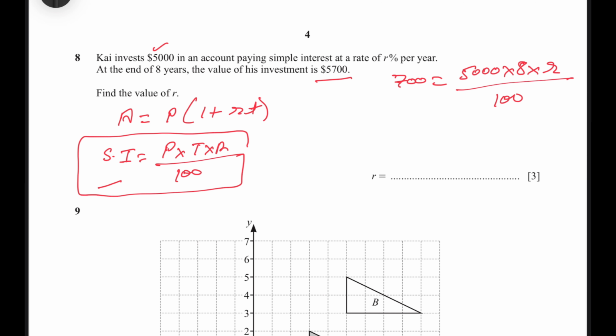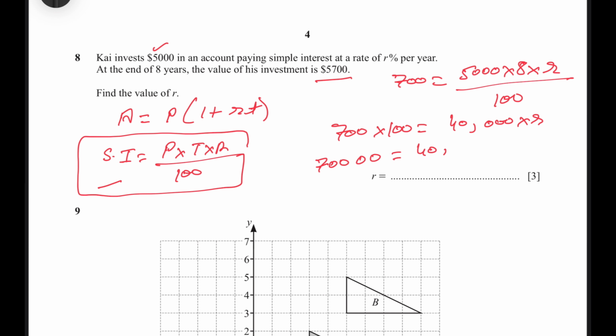So solving this, cross multiply, this will be 700 times 100 equals 5,000 into 8. 5,000 into 8 is actually 40,000, so this is 40,000 times R, and 700 into 100 is 70,000.